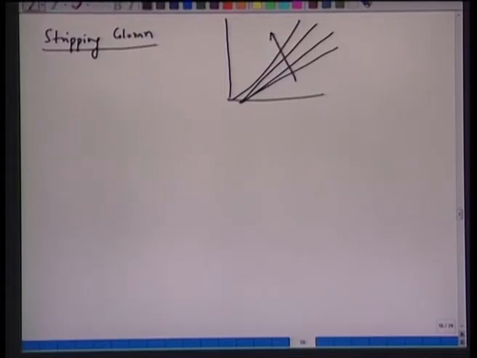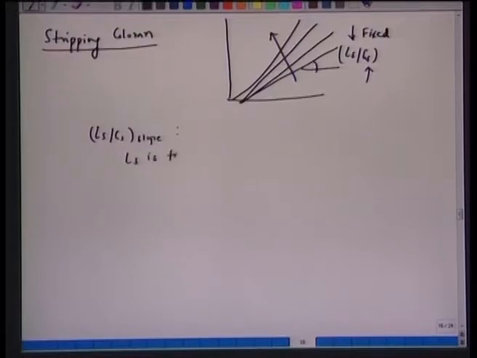So this is the way it moves, and this is LS by GS. Now LS is fixed and we change GS. Okay. So if LS by GS, that's the slope, we want to address, LS is fixed.